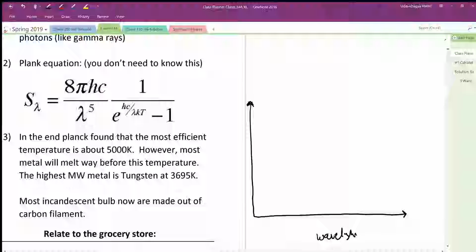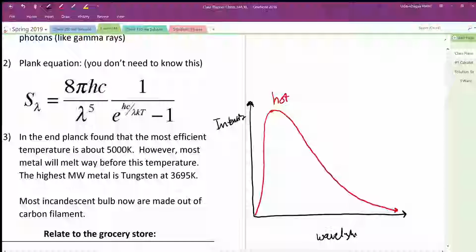A hot object contains more energy because it's hotter, so it's going to emit more shorter wavelength photons. So you'll see the distribution look like that. The y-axis is probability or intensity.